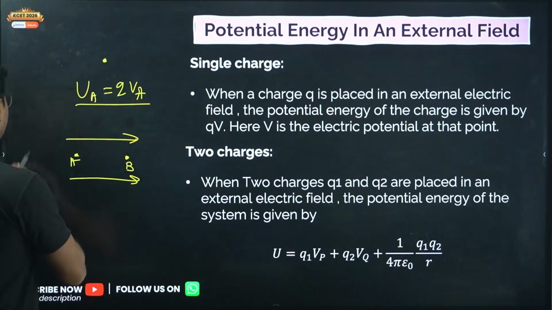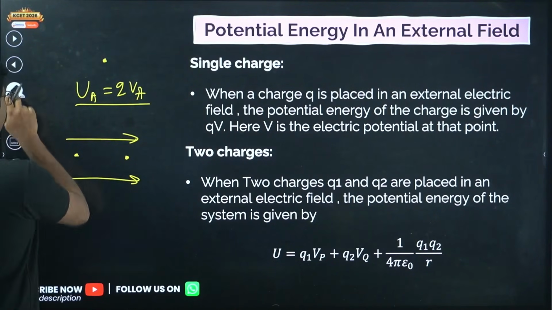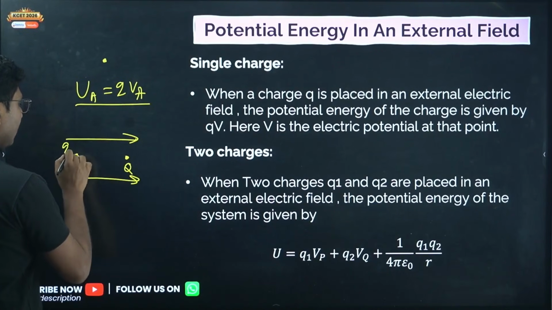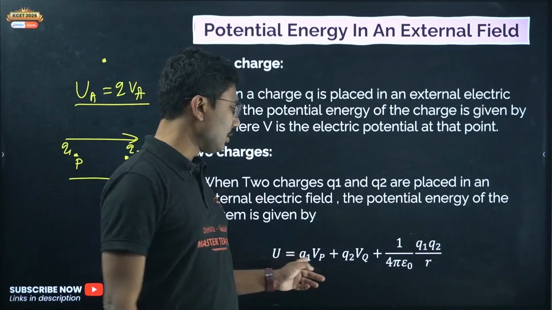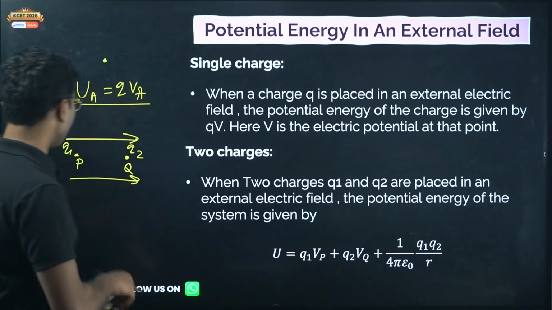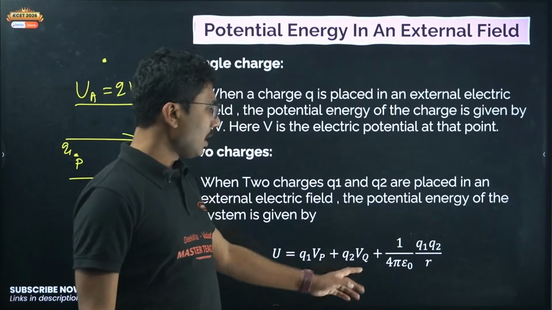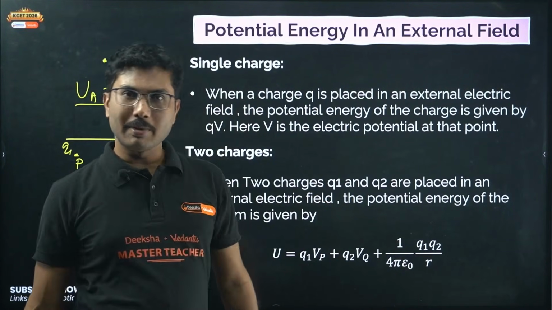So not AB, PQ. Suppose this is P, this is Q, this is Q1, this is Q2. In that case the potential energy will be Q1 into Vp, that is the potential of this point, and Q2 into Vq plus 1 by 4 pi epsilon naught Q1 Q2 by R.